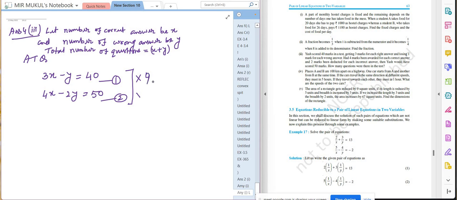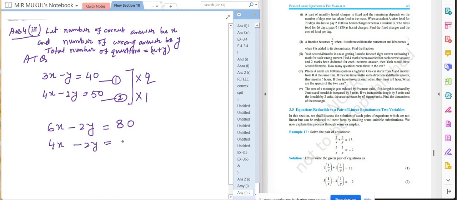It is better to multiply by 2. And this multiply by 1. So this is 6x minus 2y equals 80. Then 4x minus 2y equals 50.